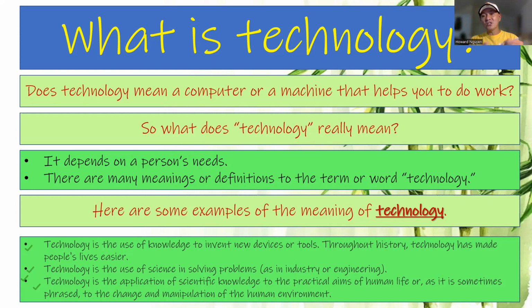The fork can help us to eat. This is the aim of human development. The aim is to make our life easier, make our life better each and every day. So this fork is an example of technology.